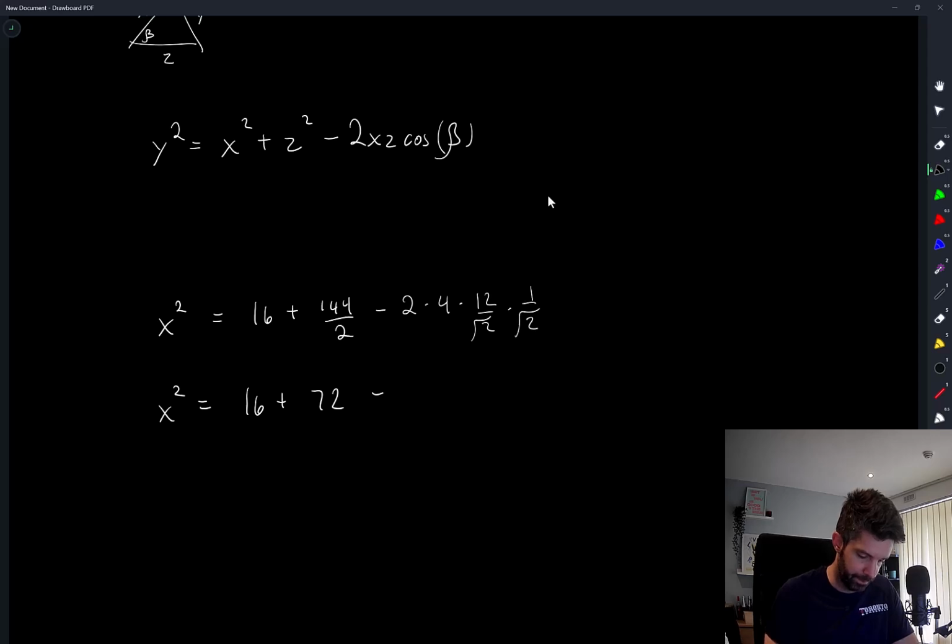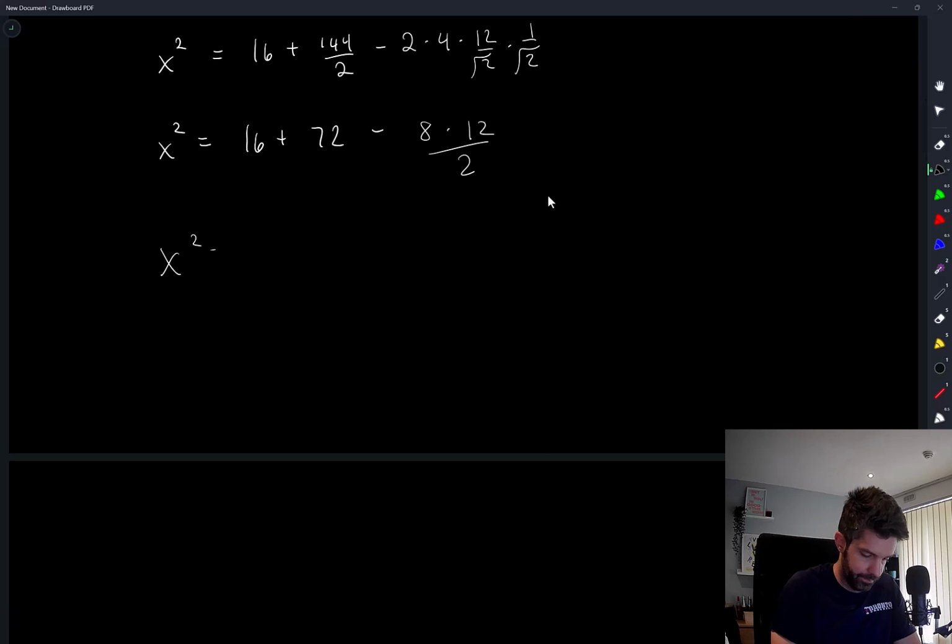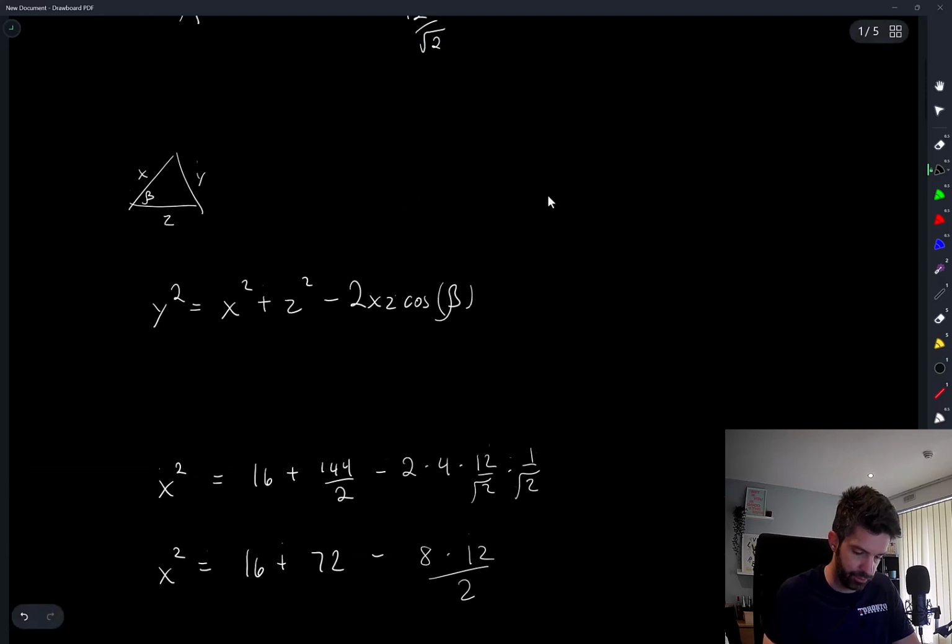Okay, so I have 8 times 12 over 2. So x squared is equal to 88 minus 48, which is 40. Okay, so that's x squared. It's equal to 40.